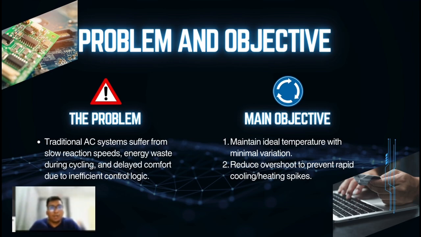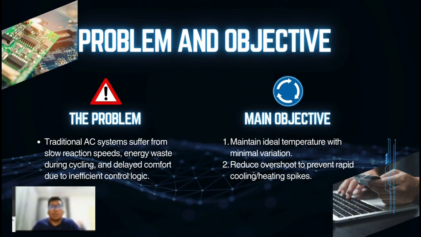Next is the main objective. The first objective is to maintain the room temperature as close as possible to the desired set point with only minimal variation. This helps provide a more stable and comfortable indoor environment. The second objective is to reduce overshoot.